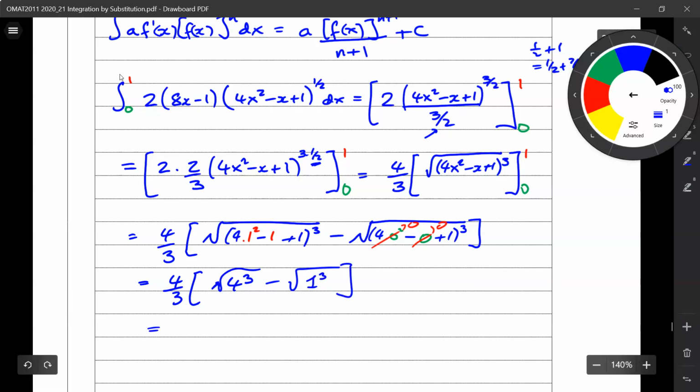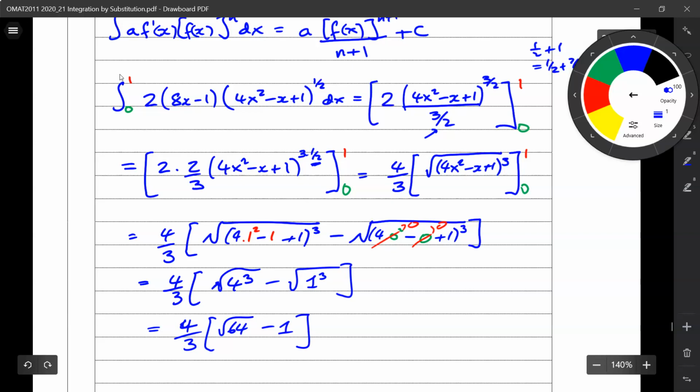So if I keep going with this, it's 4/3 times, now 4 cubed, 4 fours is 16, 4 16s are 64. So it's the square root of 64 minus the square root of 1 cubed, which is 1.